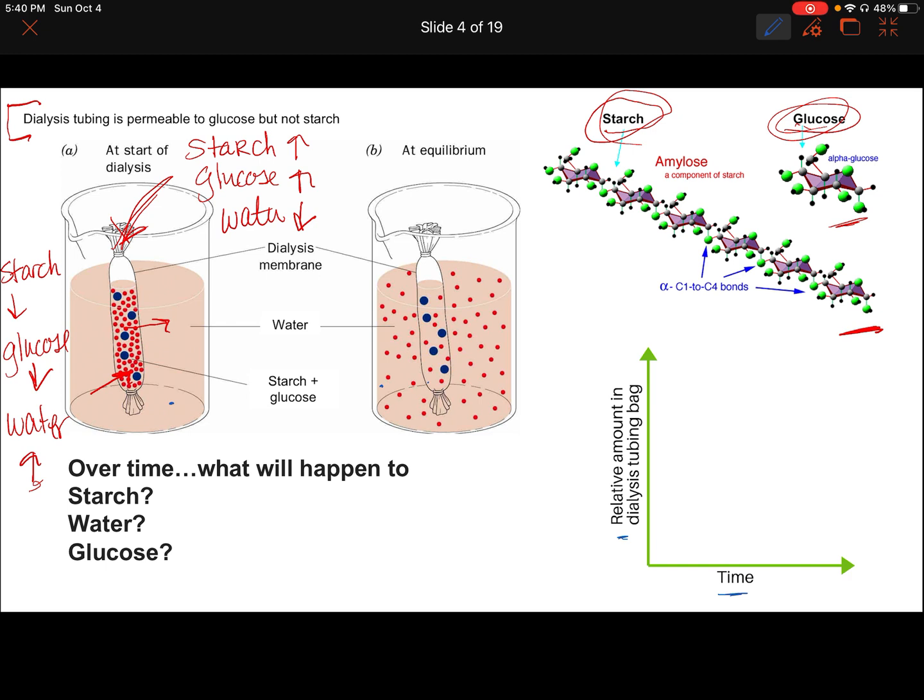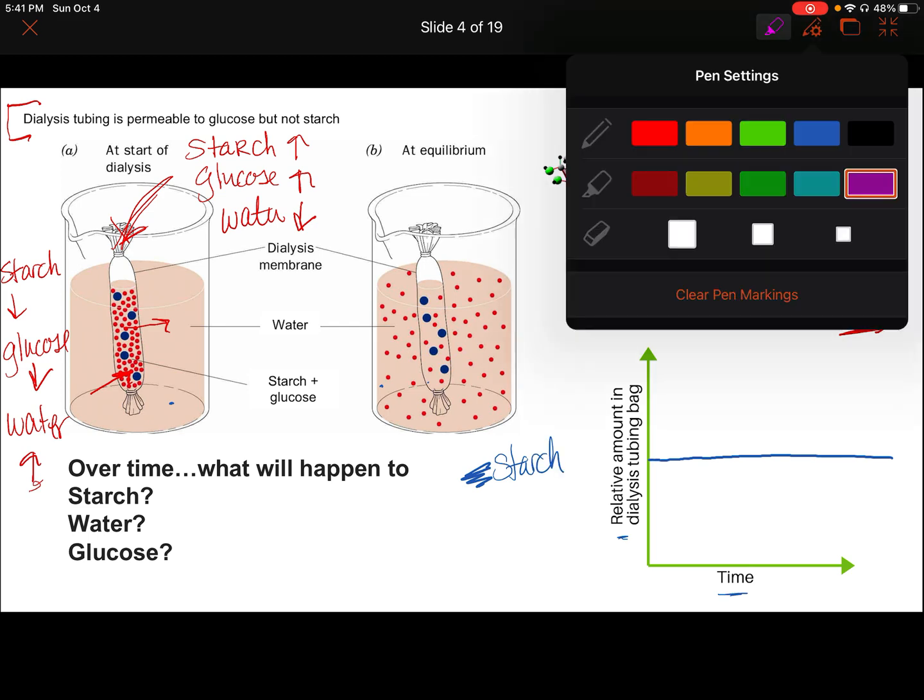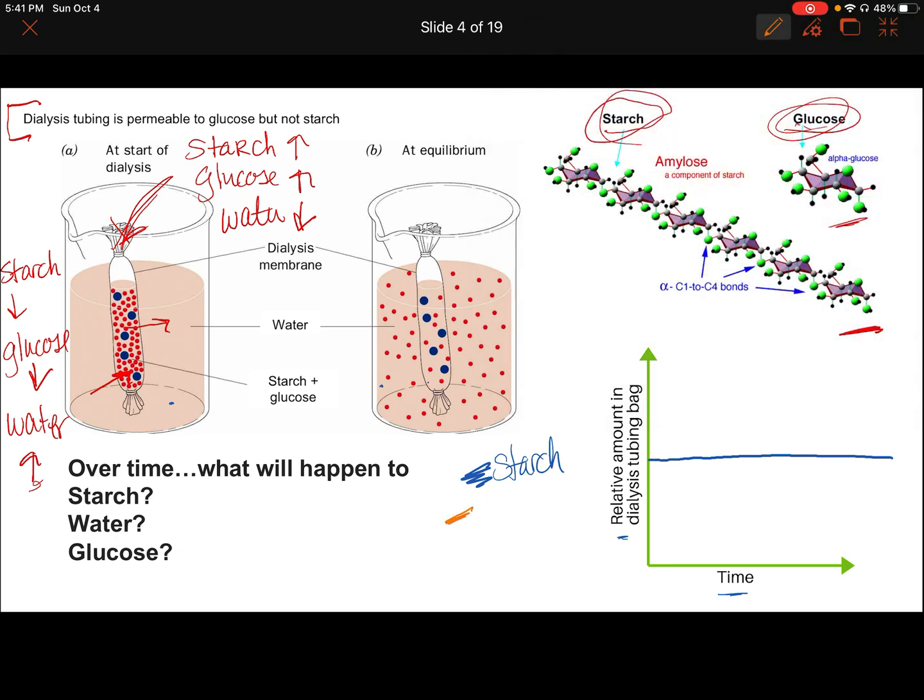There's some in there, so it's not down here at 0. It's kind of like here. So if we say this blue is the starch, it stays the same all the way across. It doesn't change.